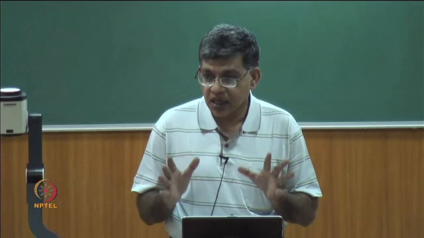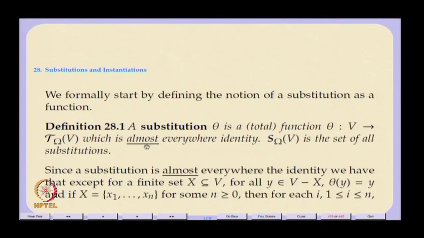The important thing in the case of a substitution is that it is almost everywhere the identity function, which means that you have an infinite collection of variables V, but there are only a finite number of variables which you are actually replacing by terms. All other variables just retain their identity. There is no effect of the substitution on all other variables. That is what I mean by almost everywhere identity.